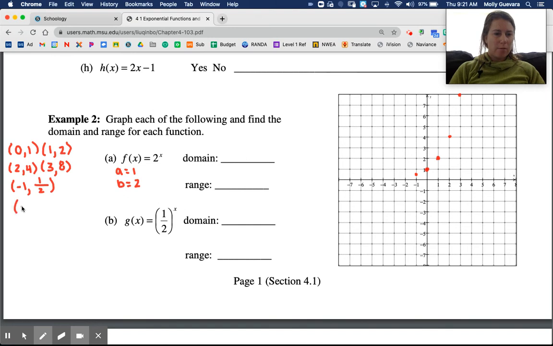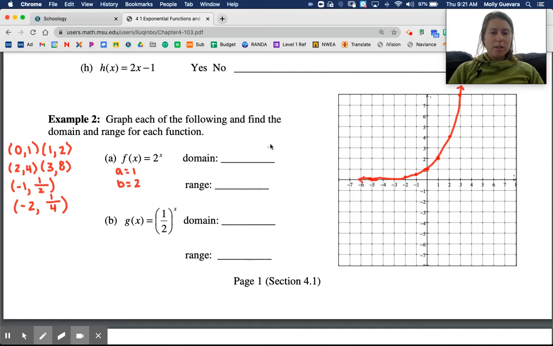And then I'm also going to have a point at negative 2, 1 over b squared. B squared is 4, so 1/4. And I could keep going and do 1/8, but it just seems like we don't really need it. We can kind of see what this graph looks like now. So I connect it knowing that there's an asymptote on the x-axis. So the graph never crosses the x-axis.